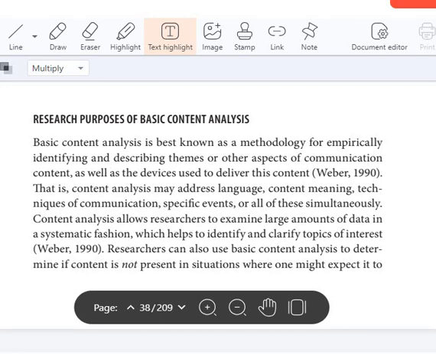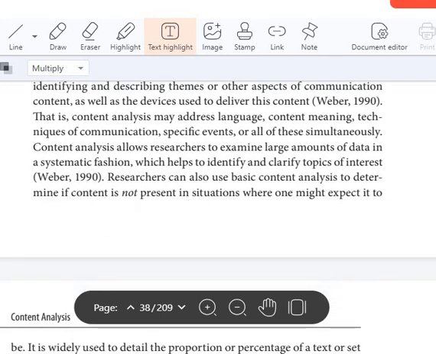So it is actually best known as a methodology for empirically identifying and describing themes or other aspects of communication content, as well as the devices used to deliver this content. Okay, of course you can address many things: the language, the meaning, techniques of communication, anything that is good for analysis. Okay, we can use it also to determine if the content is not present in situations where one might expect it to be.